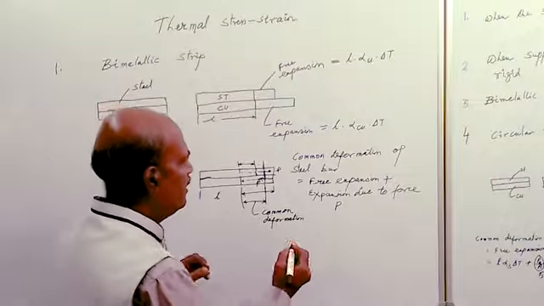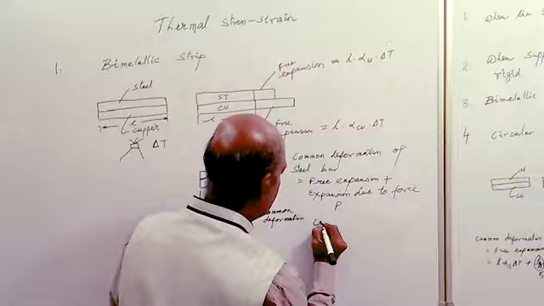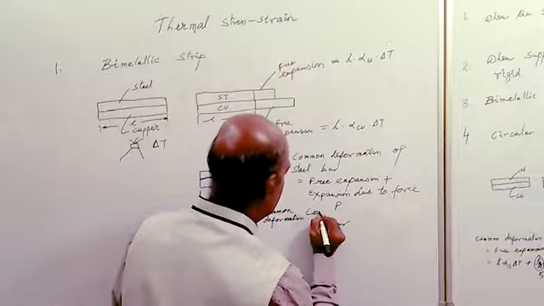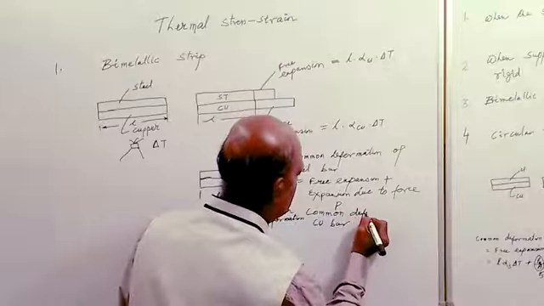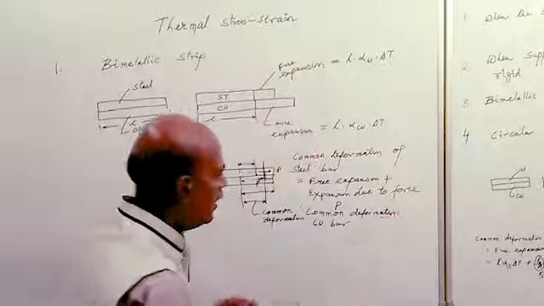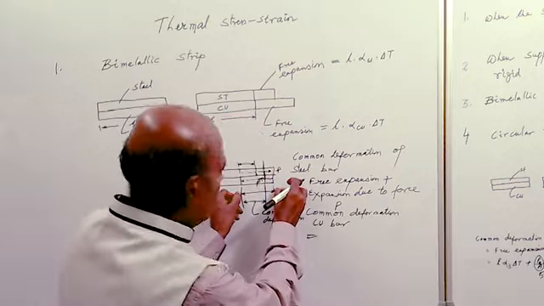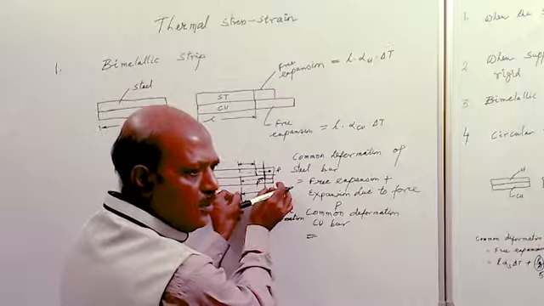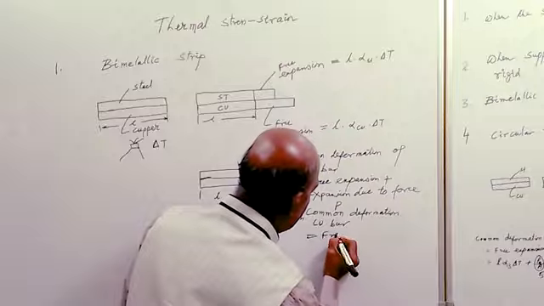Similarly, the common deformation of the copper bar is given by the free expansion minus the deformation due to force P.